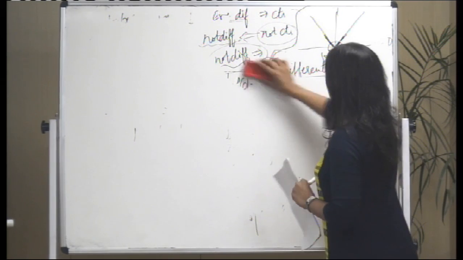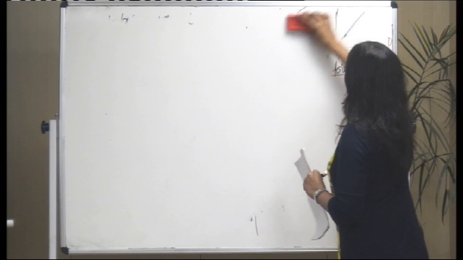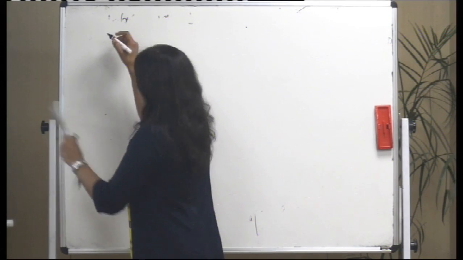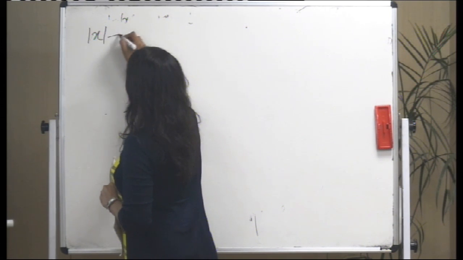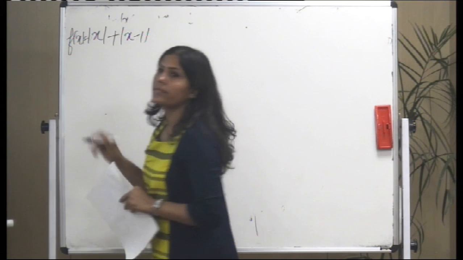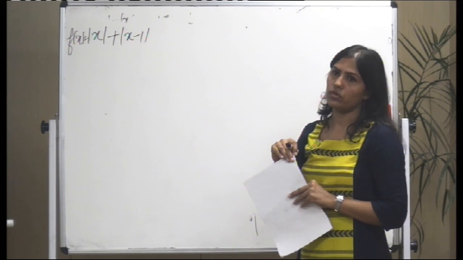Now tell me what about this function, because we will not draw the graph every time. How many of you can draw the graph of this function? Now I am checking differentiability of this function.